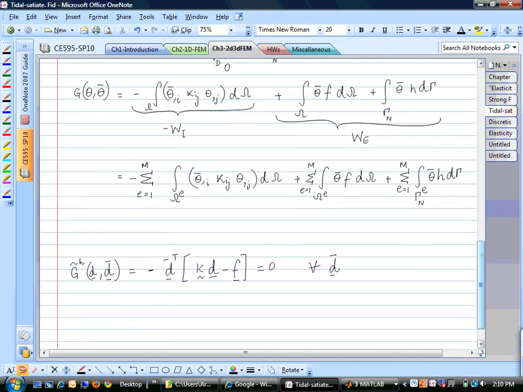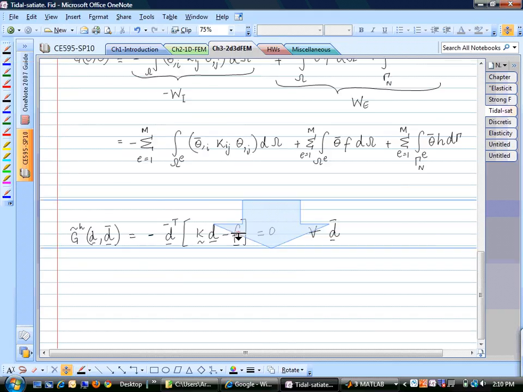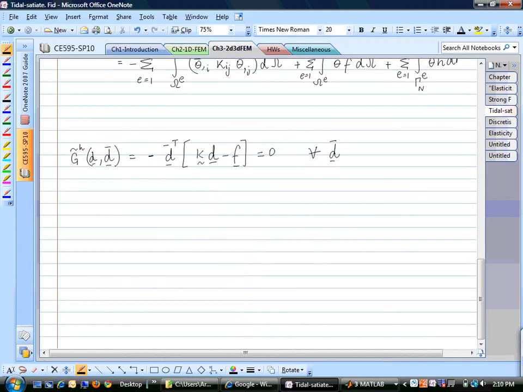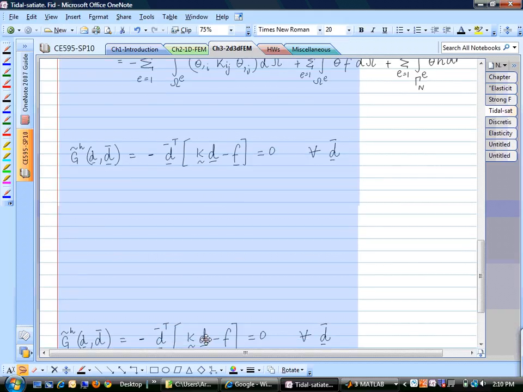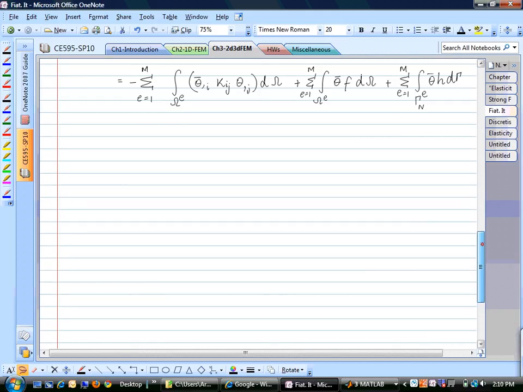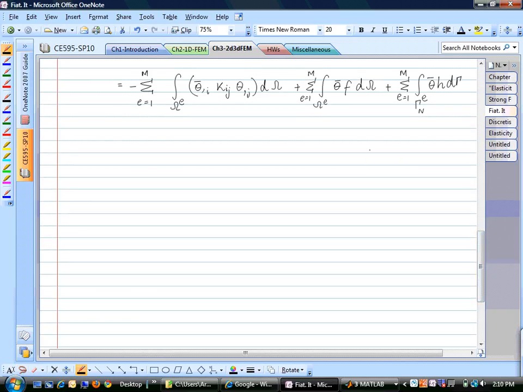So let's take a look at some types of elements that we could have. One of the elements that we talked about was this rectangular element. And it need not be this nice rectangular element.